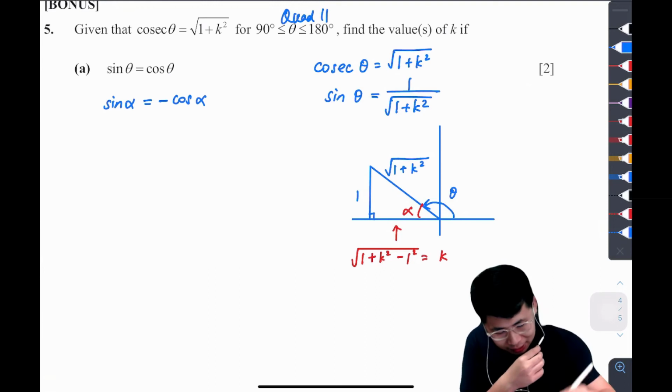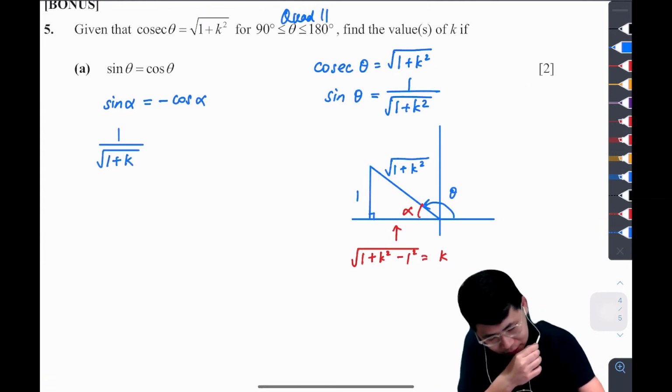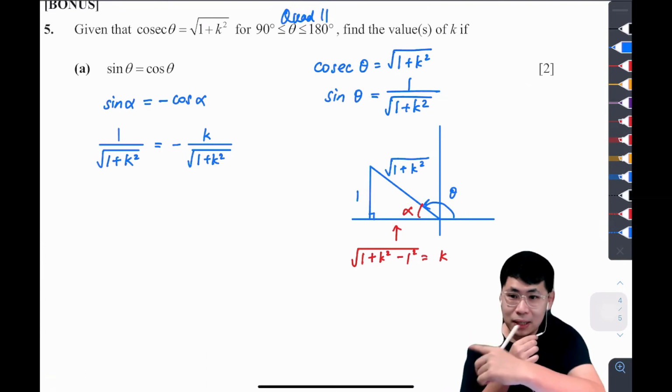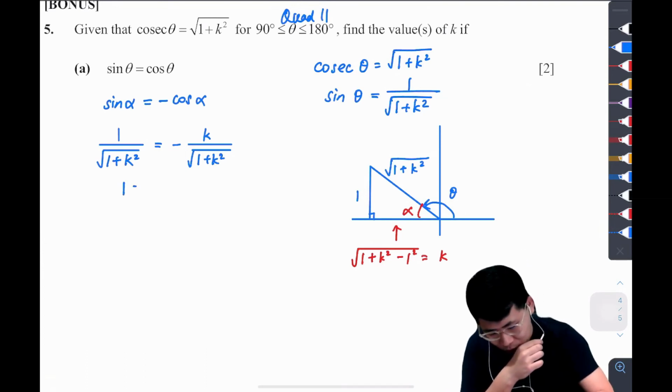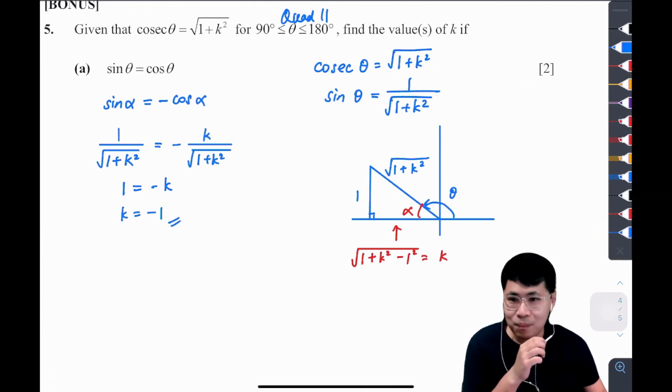Sine theta is opposite over hypo, which is 1 over 1 plus k square. Negative cos alpha is negative k, adjacent over hypo. Because the denominators are the same, I can remove them. So 1 equals negative k, so k equals negative 1. This is my answer for part A.